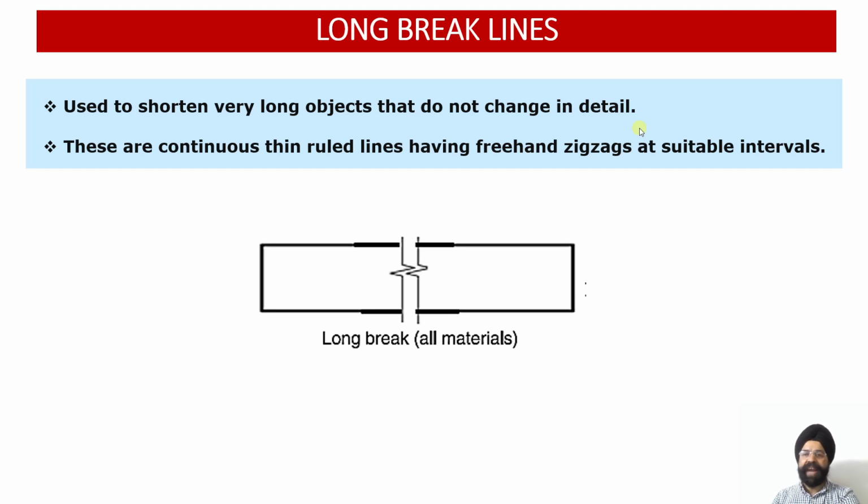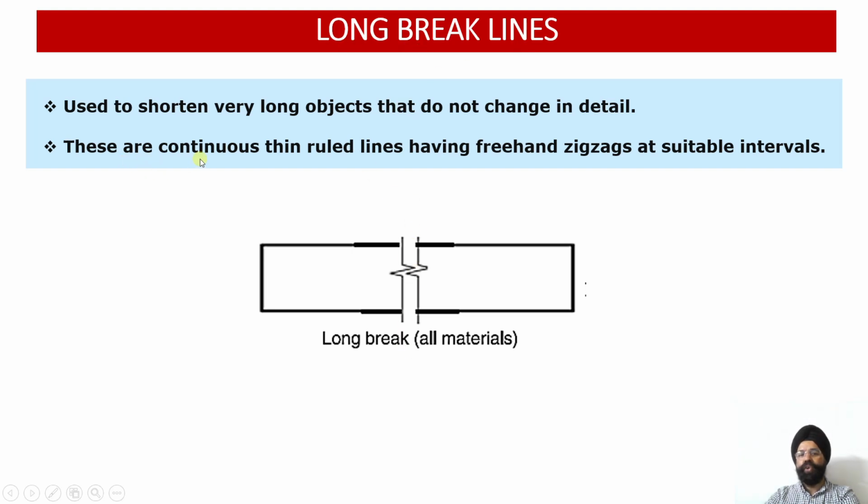Similarly, a railway track is there. So the size of the railway track, that is the cross-sectional size, it will not exceed 6 inches, 5 to 6 inches only. But the length of the railway track can go into hundreds of kilometers. So if the same thing is to be drawn, because of the monotony, I need to break this on a longer scale. So this is called long break line.